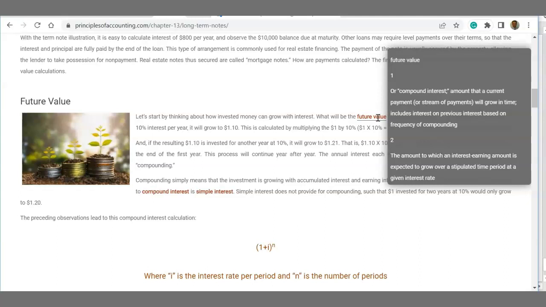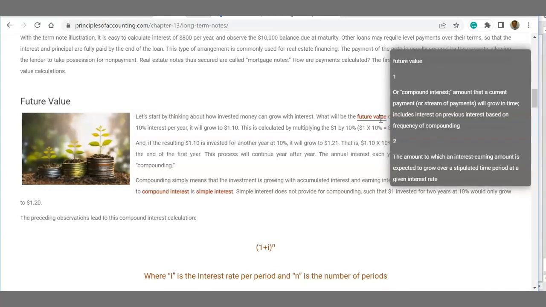Is it compounding on a monthly, daily, annual, or quarterly basis? That is the interest on interest. It is very important to know that it will increase the dollar amount, the future value, and how many times it's going to be compounded again depends on the agreement.